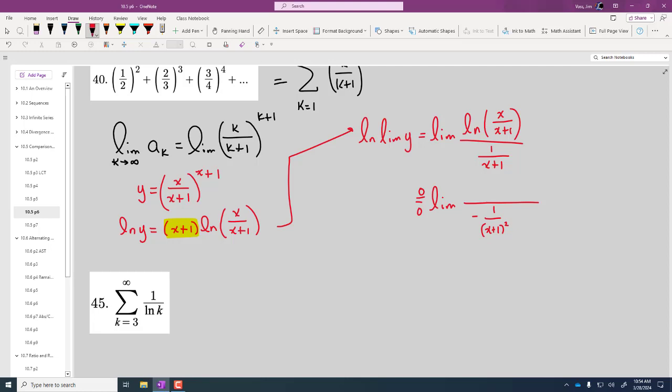The derivative of the numerator, the derivative of a log. So the derivative of a log is 1 over the inside, in other words, the reciprocal of the inside, multiplied by the derivative of the inside. The inside's a quotient, so we have to use the quotient rule.